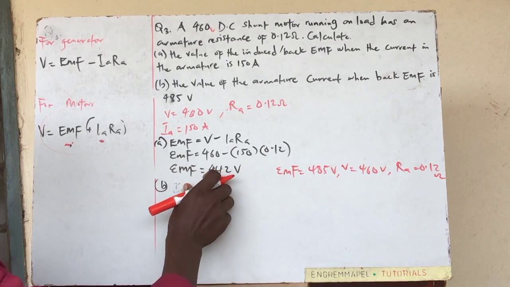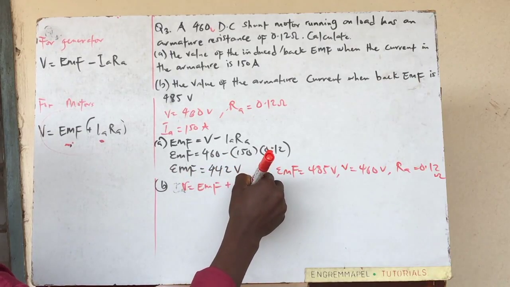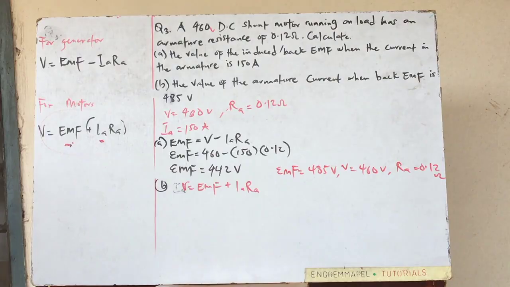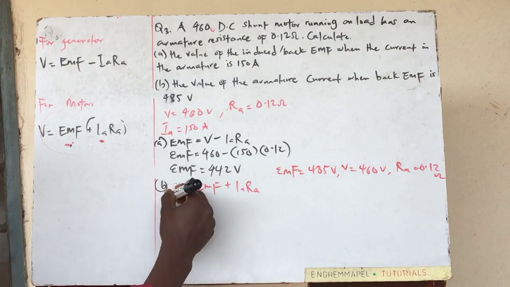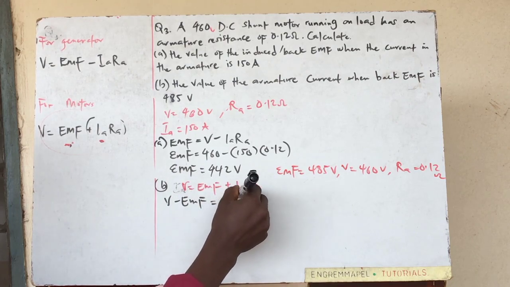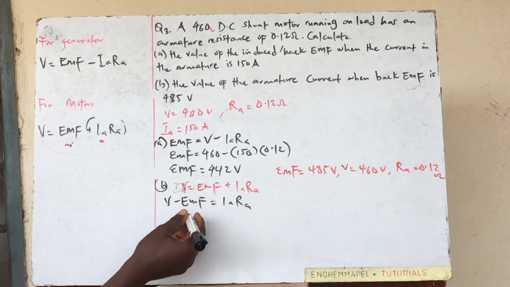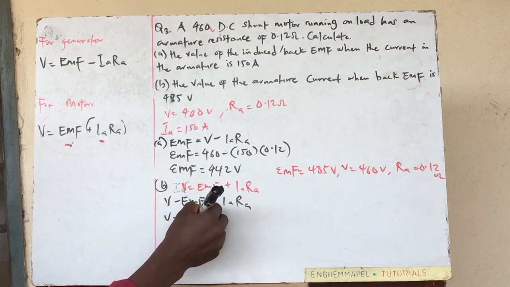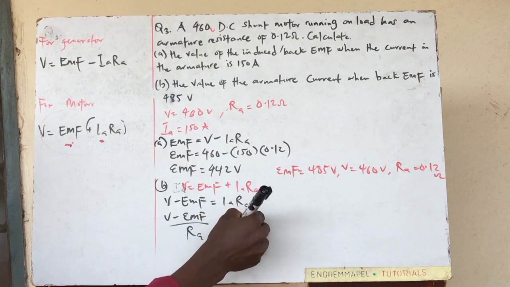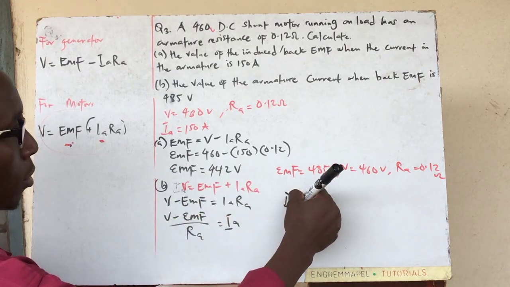Writing the formula, you say V is equals to EMF plus IA RA. Now, how do we make this subject of formula? Very simple. Just bring this EMF to the other side. You have V minus EMF is equals to IA RA. Then you divide both sides by RA. We have V minus EMF over RA is equals to IA. So now we can calculate for our IA. So our IA will be what?